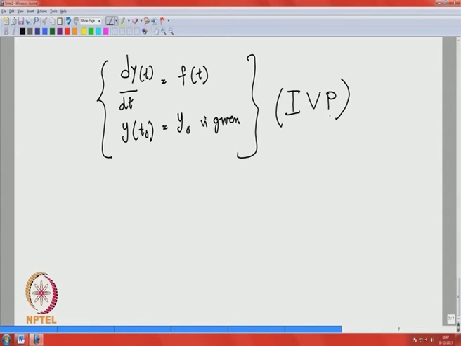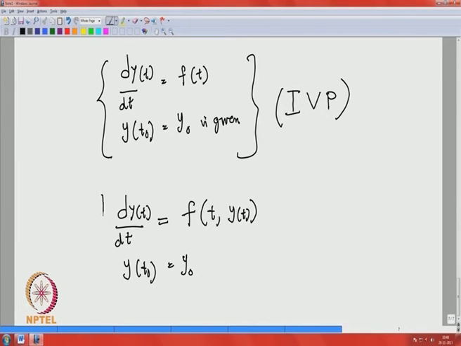This can be done for any general differential equation, which we will be addressing in this course: dy by dt equal to f of t and y, which may not only depend on the independent variable t, it also depends on the position at that time, and y at t naught is y naught is given. This is your initial value problem.